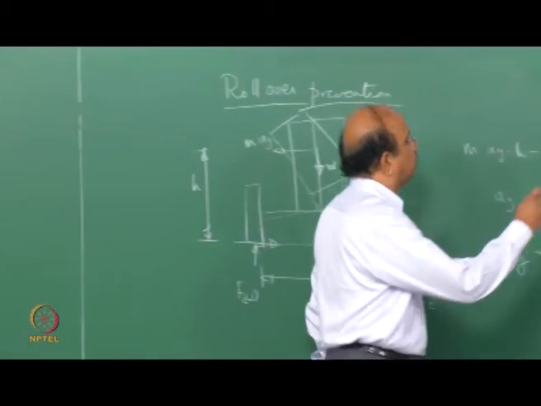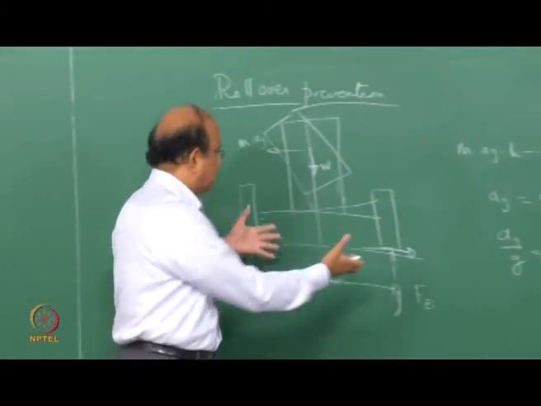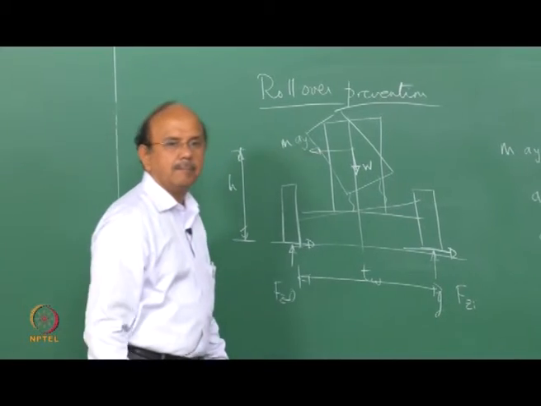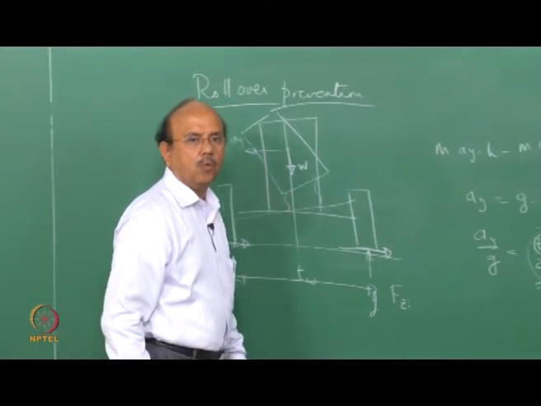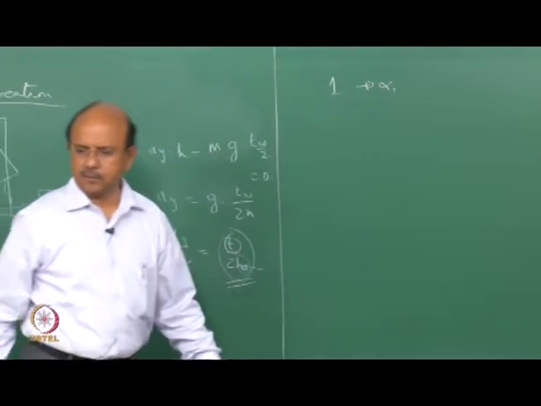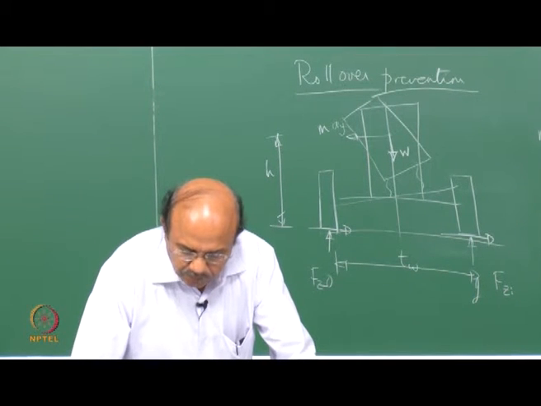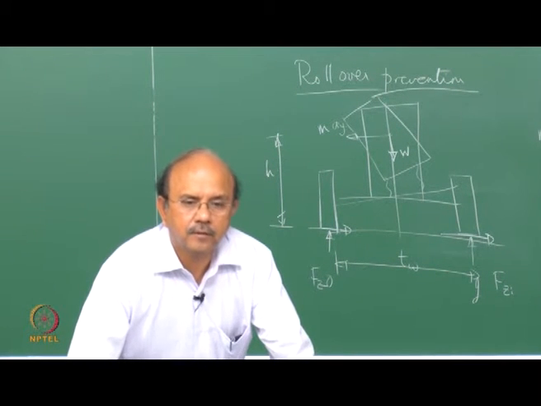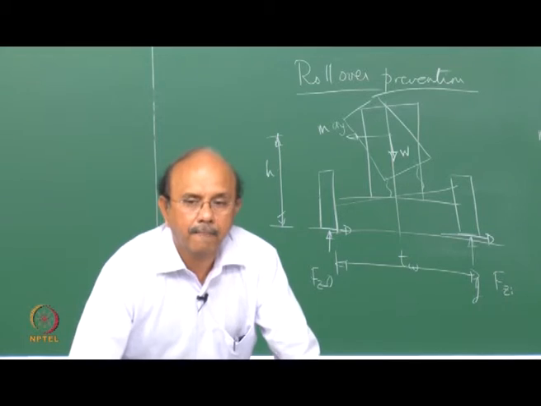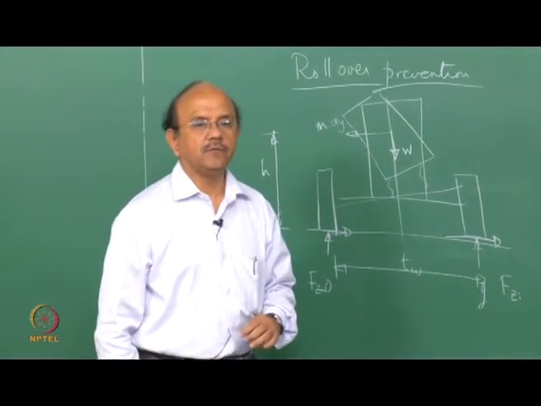So let me consider 2 of this roll. Roll simply means that there's going to be an angle. Two of them, one I would call alpha 1. For this derivation, we're going to follow the reference Road Vehicle Dynamics by George Rill, which is a very simple derivation which takes this into account.